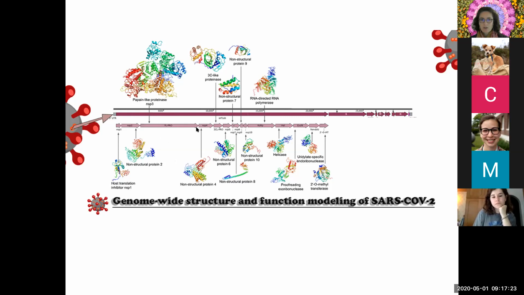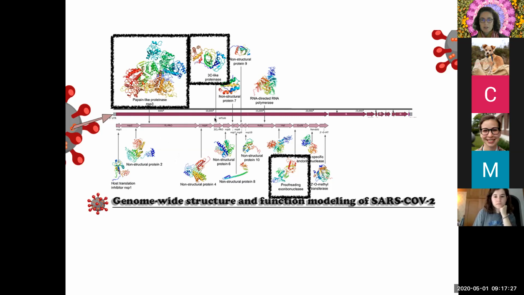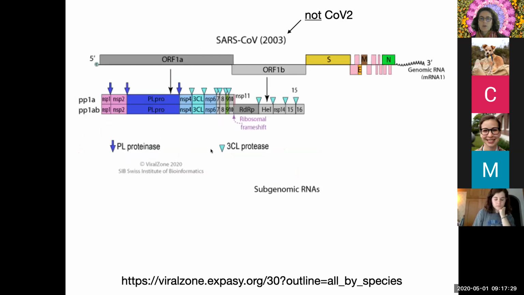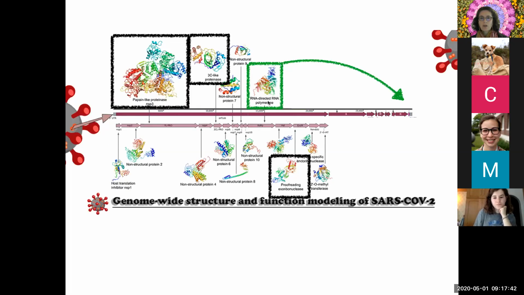Okay, so let me try to go forward. Okay, so those two proteinases cleave this polyprotein into these different smaller proteins that have activity. And one of those proteins that's extremely important for CoV2 is this RNA-directed RNA polymerase.